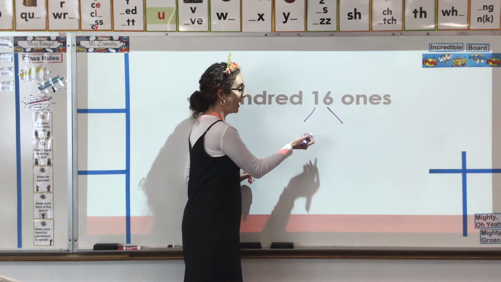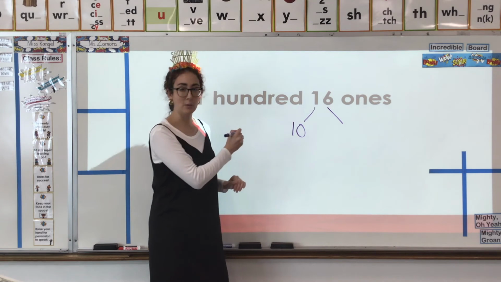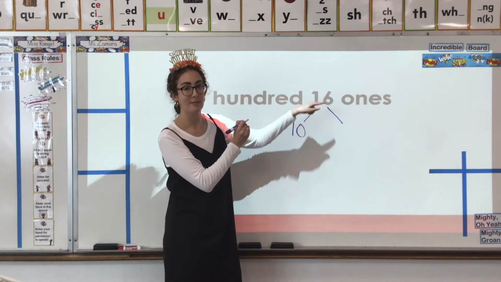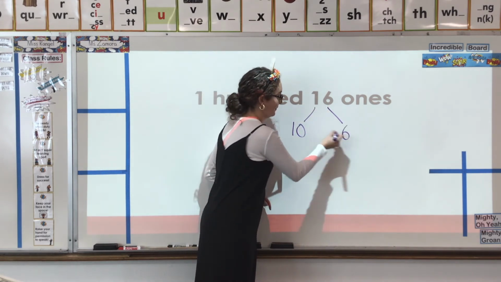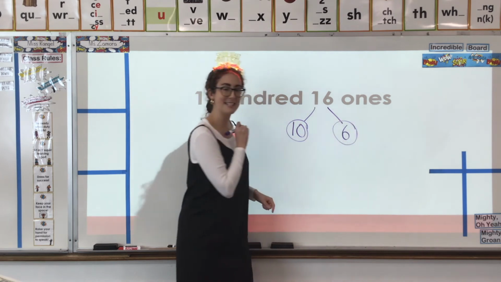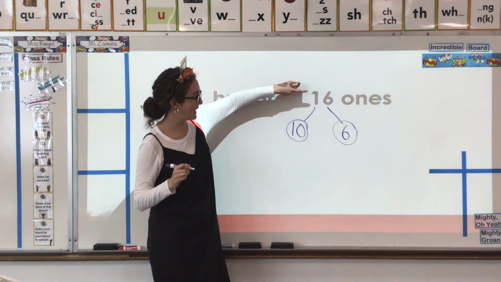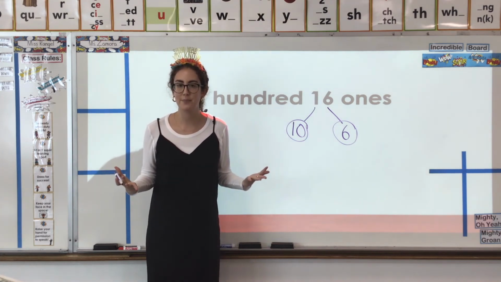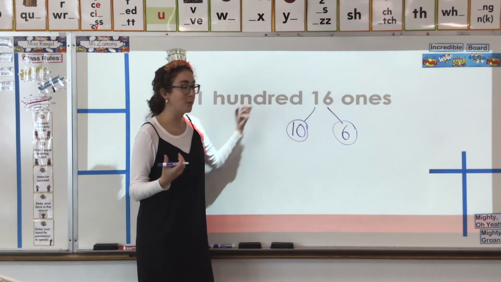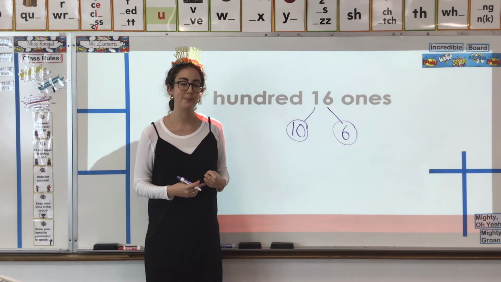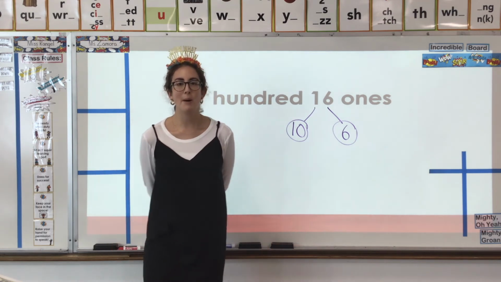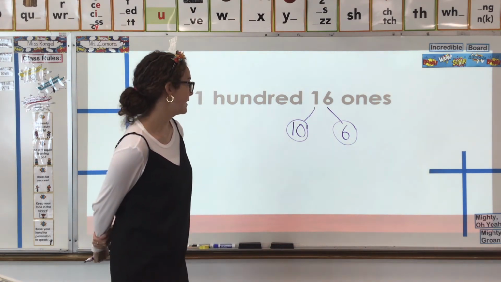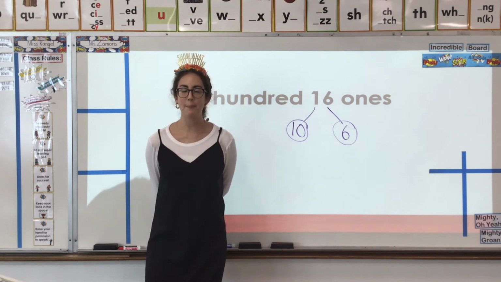We know this 1 equals 10, and the 6 equals just 6. We can determine that by knowing the value of each digit. And we're able to break the number apart. Okay, what do you see? What should our next step be?